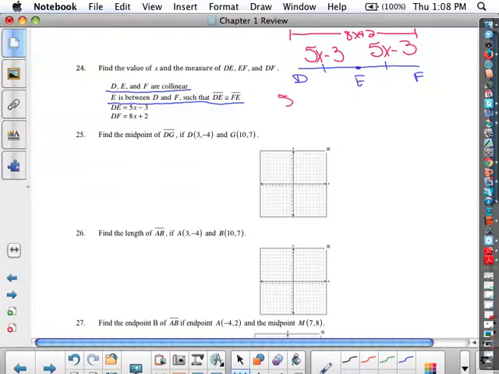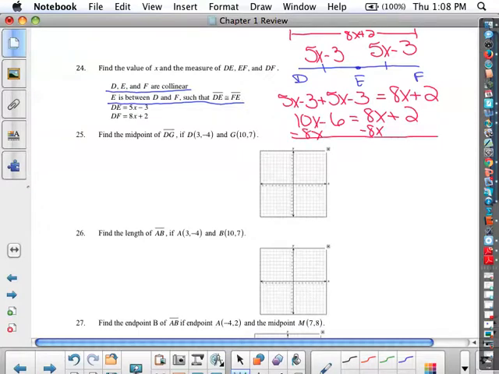So I have 5x minus 3 plus 5x minus 3 is equal to 8x plus 2. Combine like terms on the left-hand side. I'm going to get 10x minus 6 is equal to 8x plus 2. Subtract the 8x from both sides, and I will have 2x.